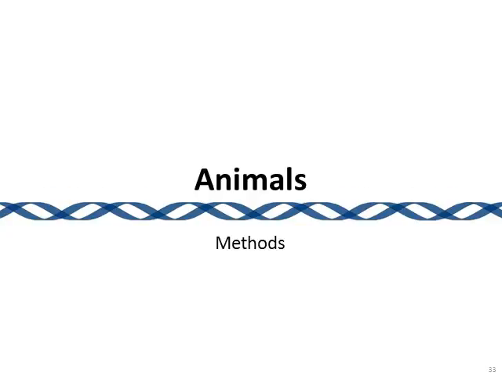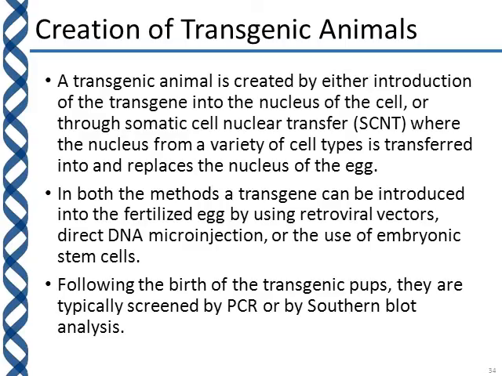So what are some of the methods used to develop transgenic animals? A transgenic animal is created either by introduction of the transgene into the nucleus of the cell, or through somatic cell nuclear transfer, where the nucleus from a variety of cell types is transferred into and replaces the nucleus of the egg.